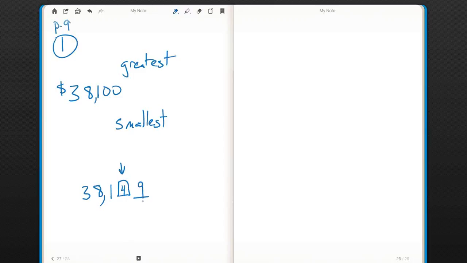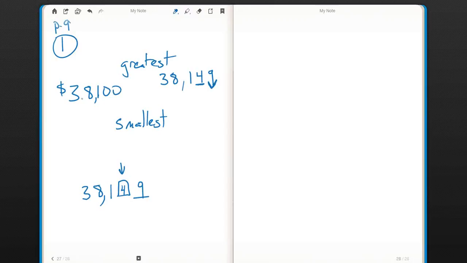It doesn't matter if this is a 9, it's still going to leave the 1 where it is and not round anything. So the biggest number I could possibly start with and still round down to a 1 is if I have a 4 here and that 9 is as big as I can go without making this 4 in the tens place into a 5.